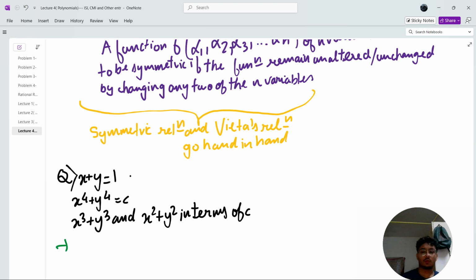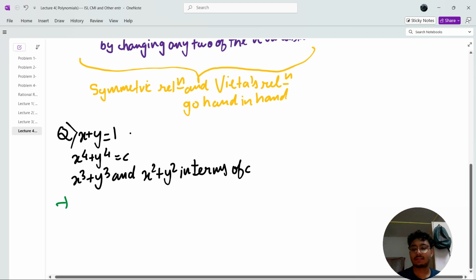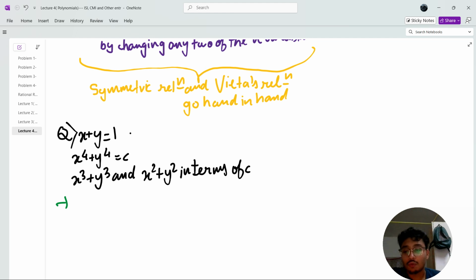Okay, so an easy one. Let's start doing it. So what are we given? x plus y is 1, x to the power 4 plus y to the power 4 is c. Now we need x square plus y square and x cube plus y cube.